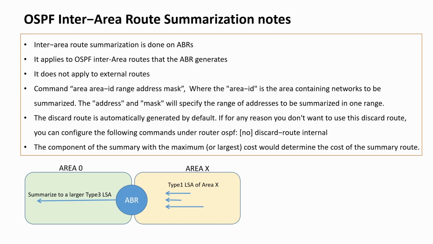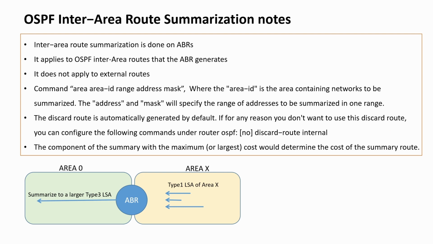The command is area ID range address mask, where the area ID is the area that contains the networks to be summarized. For instance, if I want to summarize the inter-area routes of area X, the area ID should be X.